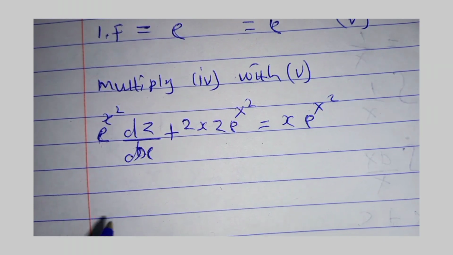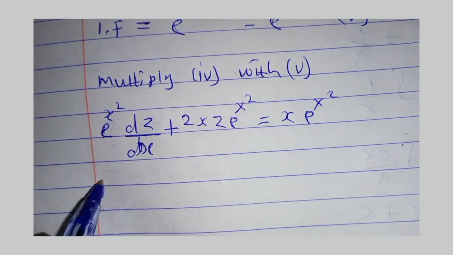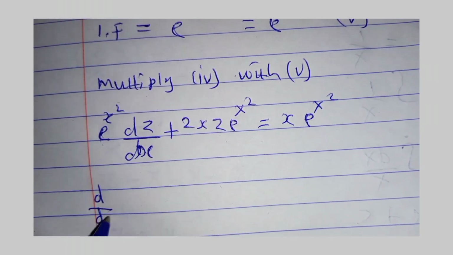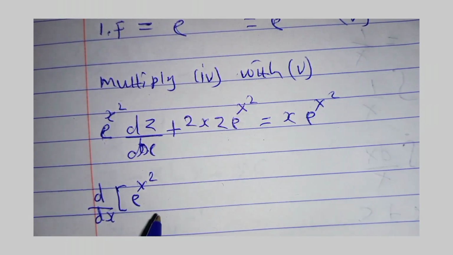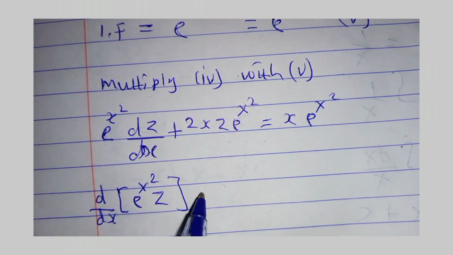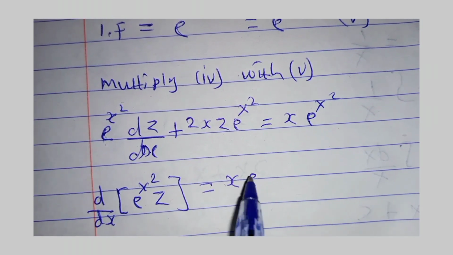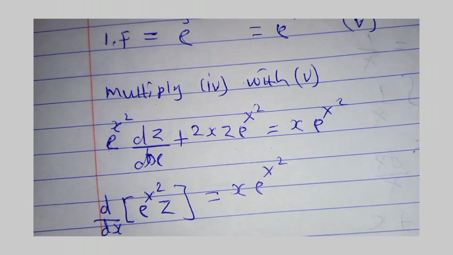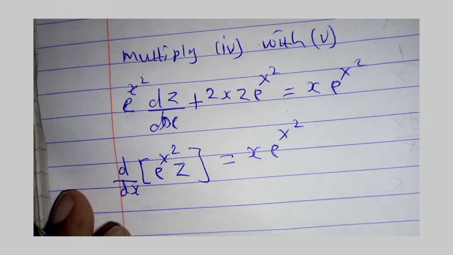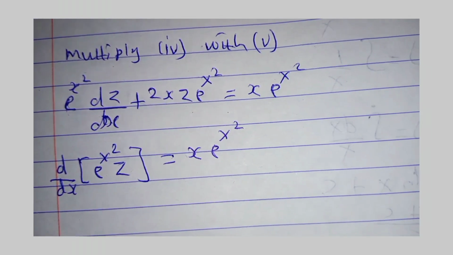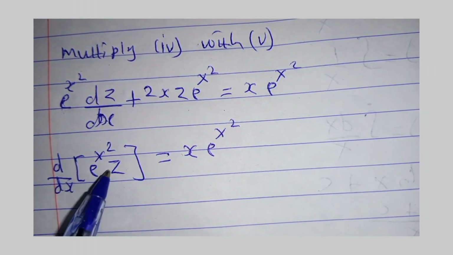Now, the left-hand side of this equation can be written as d over dx of exponential x squared times z, which is equal to x exponential x squared. You can multiply by dx both sides to obtain the following. Now, this is a product rule.